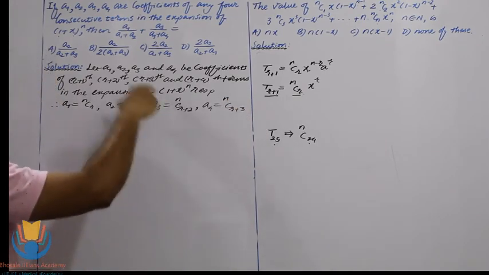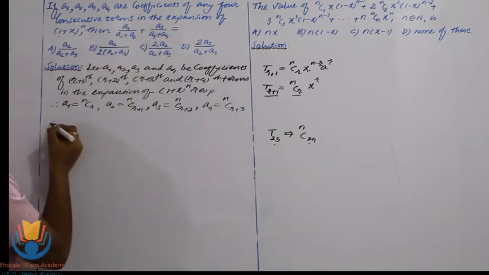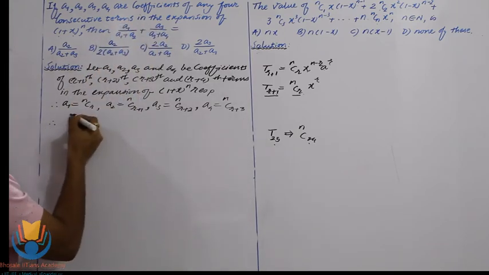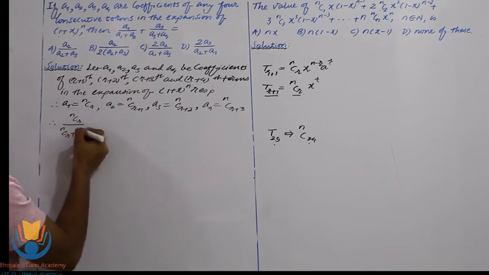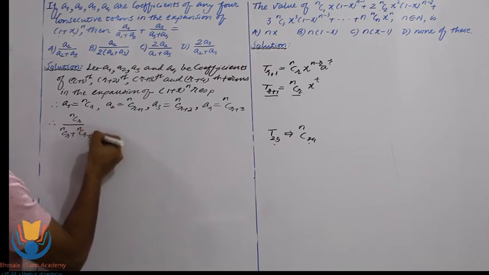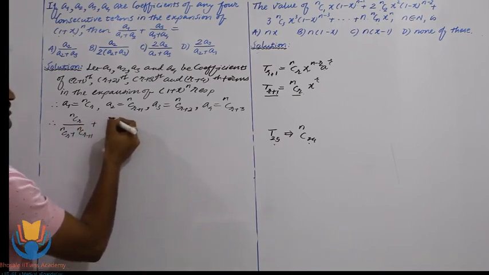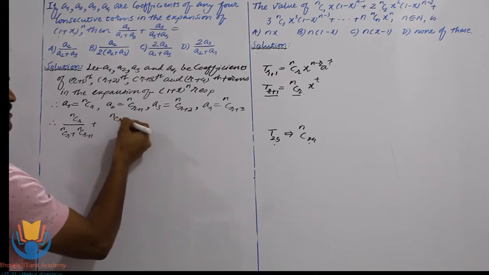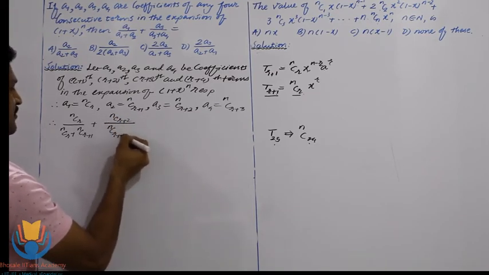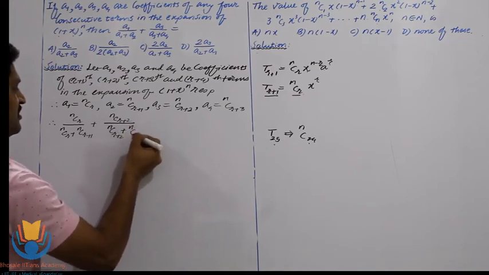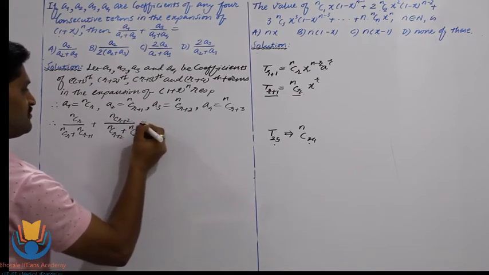So let's substitute these values in the expression, whichever we want to find out. The value of A1 is nCr upon nCr plus nC(r+1), and the value of A3 is nC(r+2) upon nC(r+2) plus nC(r+3).